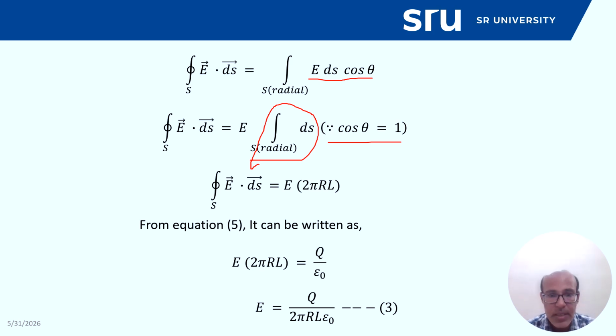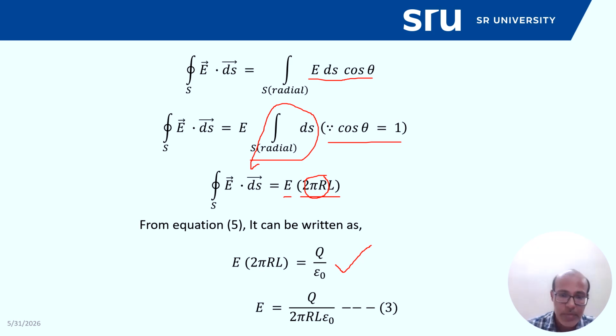So E is there, and the radial surface is 2 pi r L. Why 2 pi r L? 2 pi r is the circle, which means if you take the cylinder, that is its circumference, and L is the length. Actually we write h as the height of the cylinder, so 2 pi r h. So now what is remaining is E into 2 pi r L equals Q by epsilon naught.